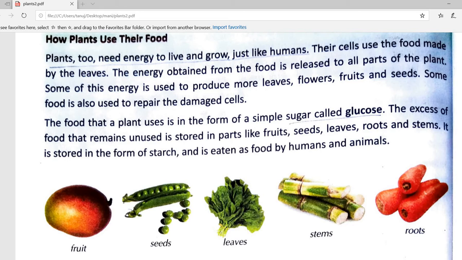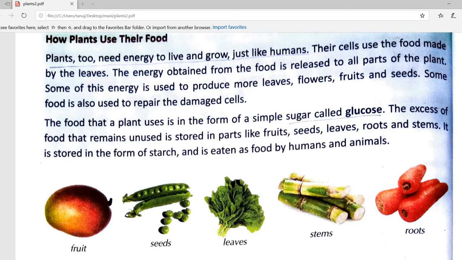So the food which is prepared by the leaves is sent to all parts of the plant, and these cells also use the food to give energy to the plant, so that the plant gets energy from this food which is prepared in the leaves.